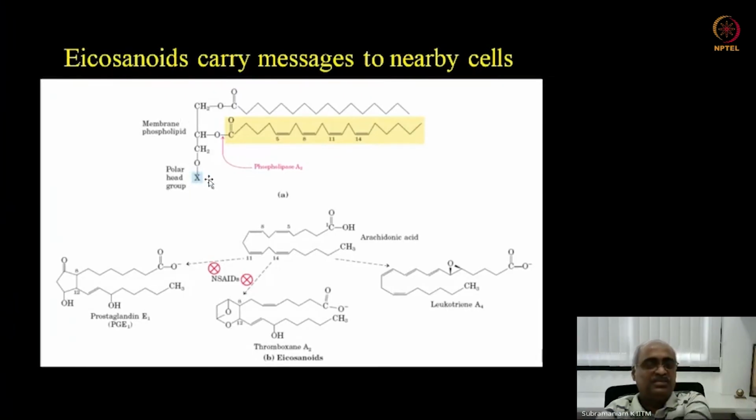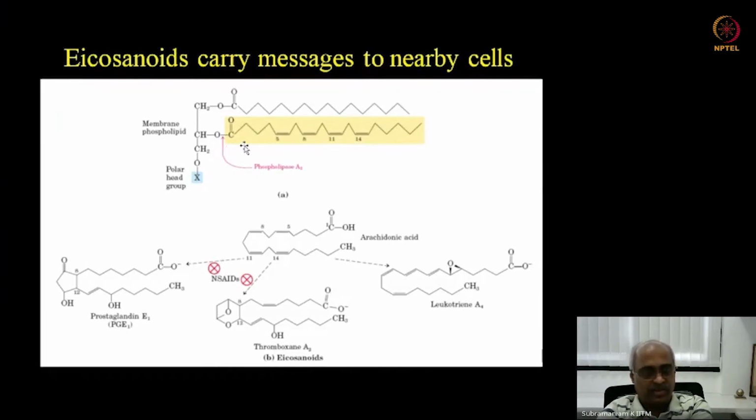Okay. So I glossed over, or I didn't even talk about these enzymes called lipases. They are named based on which bond they cleave here, here, here. They have their names A1, A2, B, C, and so on. So you don't need to worry about it. In this particular example, here you have the fatty acyl chain with the 4 double bonds, and this is arachidonic acid.